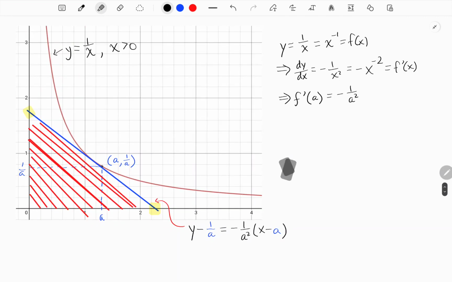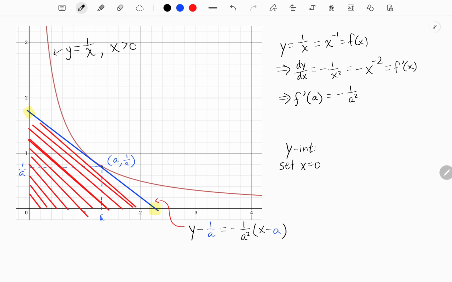For the y-intercept, we set x to equal 0. That's how we obtain the y-intercept, because the point is on the y-axis, and the x value is 0 in that coordinate.